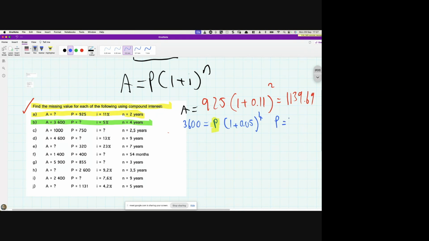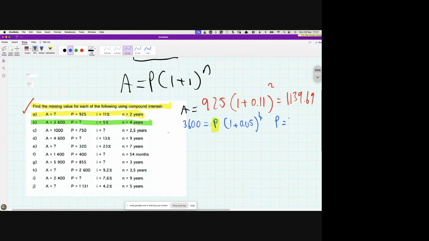What do you get for P, or the initial value in this calculation? Pop your answer in the chat. I'm going to work out my answer now.